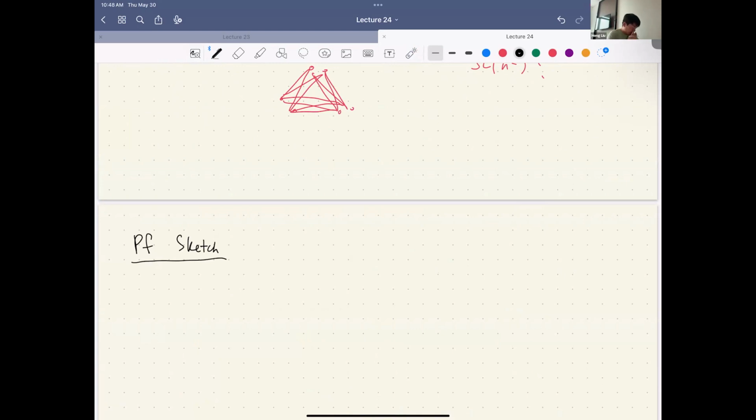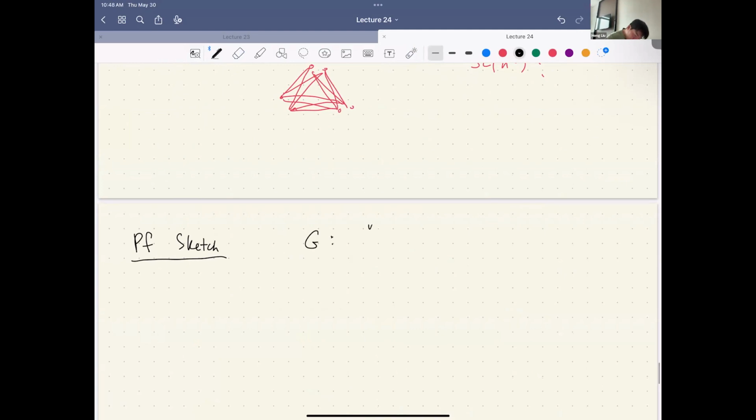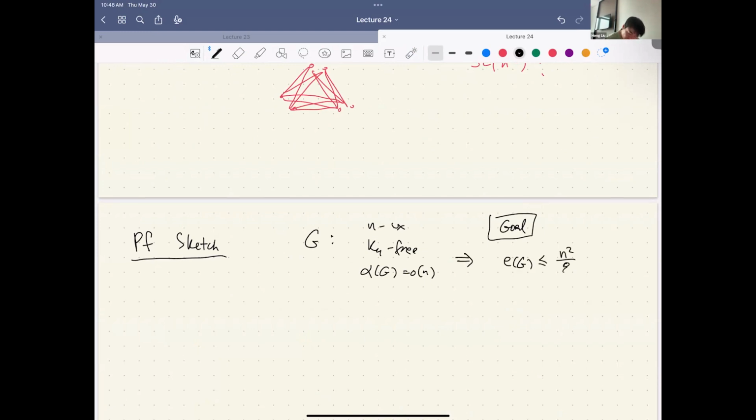Proof sketch. So let's take G, n vertices, K4 free, independence number little o(n). Our goal is to show e(G) is at most n squared over 8 plus little o(n) squared.